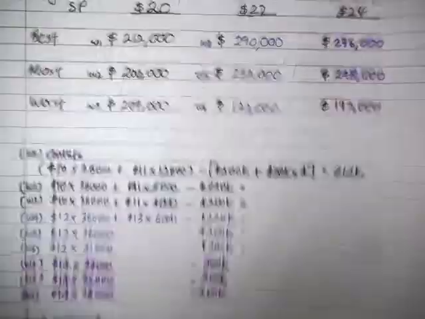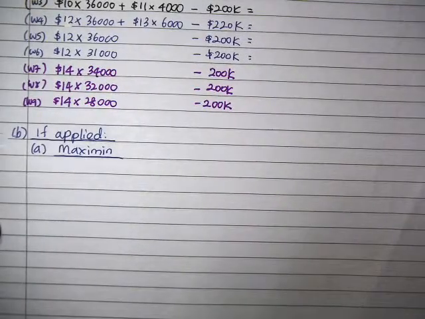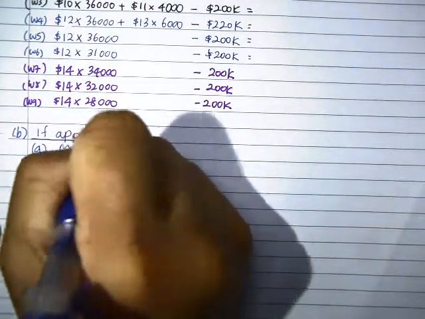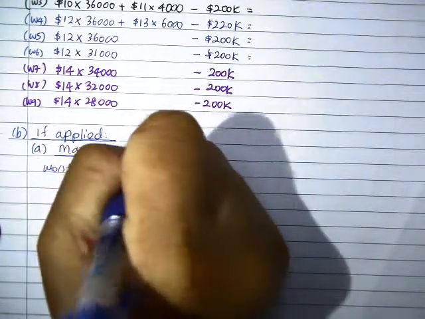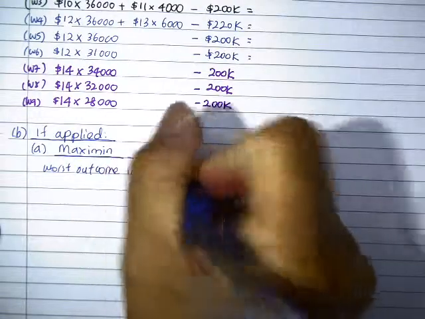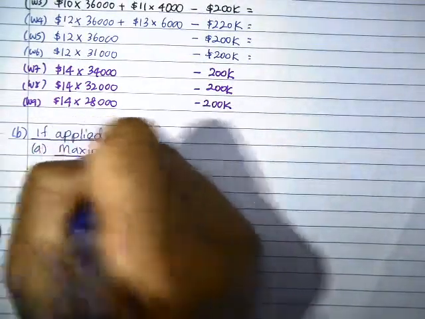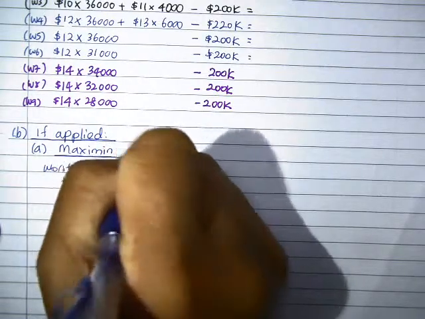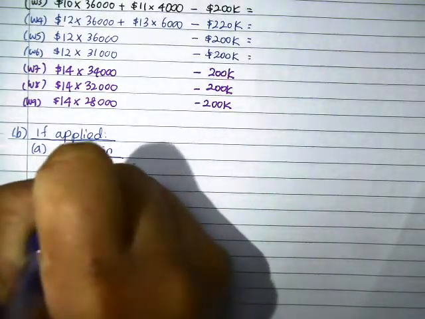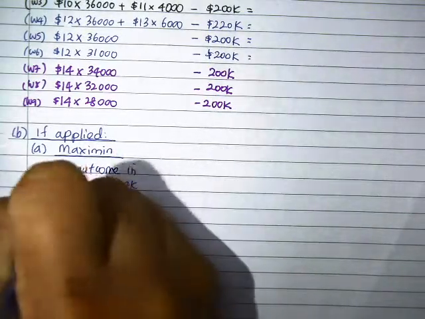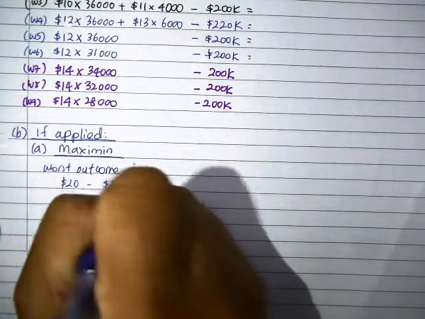Now, so if you're using maximin, the worst outcome at $20 is 204, $22 is 172, $24 is 192.